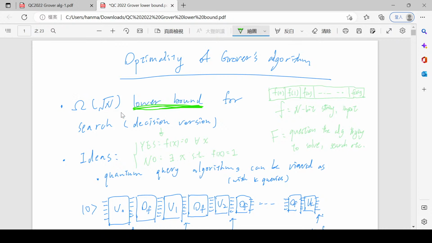We should say here that's because you can query everything in superposition, right? That's the hardness in lower bounding anything in quantum.